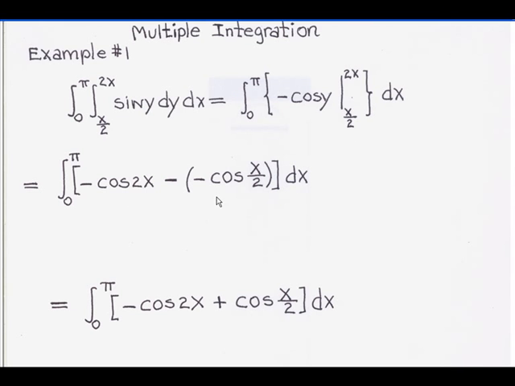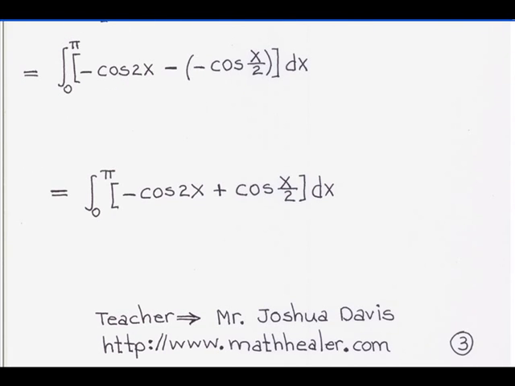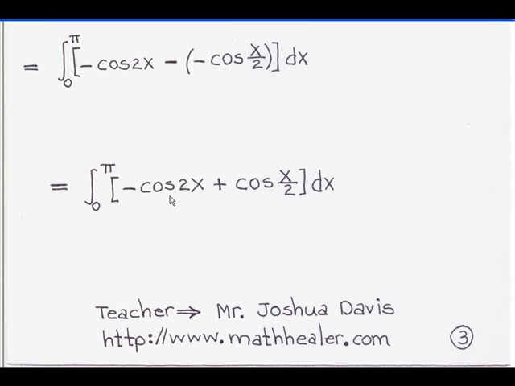Now, simplifying this, we have the integral from 0 to pi of minus the cosine of 2x plus the cosine of x divided by 2 dx. So we're now going to take the integral of this.